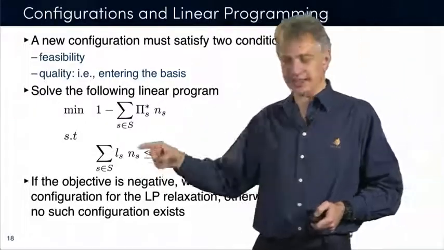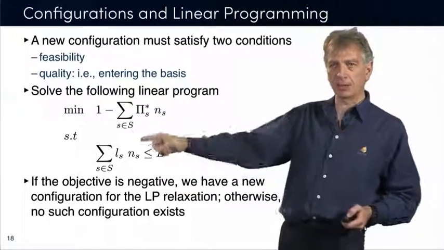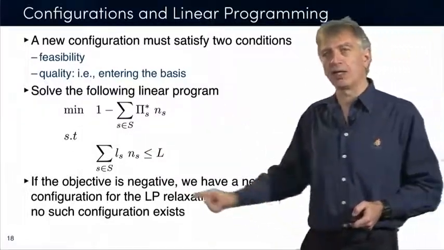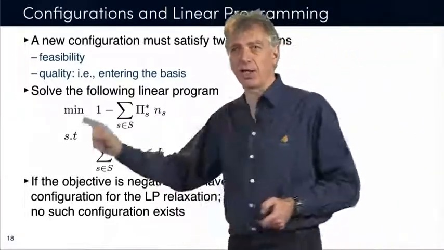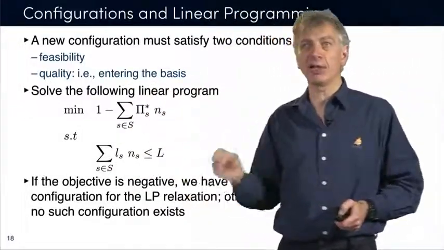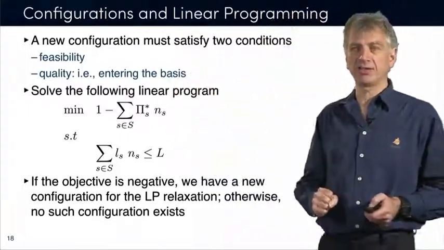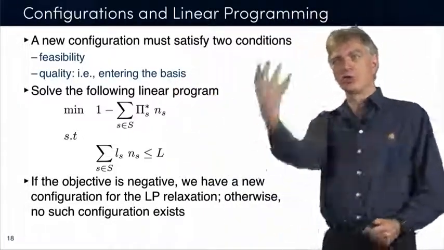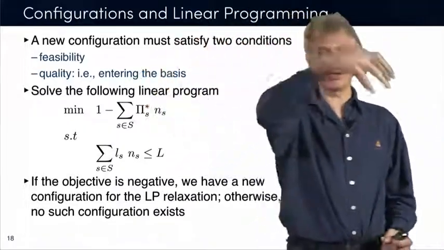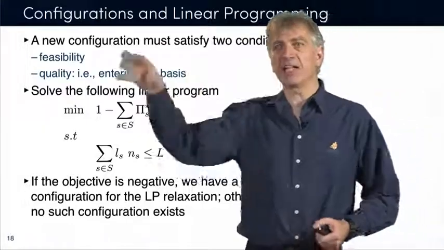And obviously these ns have to be integer values. So this is a MIP problem that we are solving. Now if we optimize this MIP, and the value is negative, then we know that we have a column that's going to enter the basis. So great, we have a new variable in a sense, which will enter the basis and improve the linear relaxation. Otherwise, that means that none of them exist.